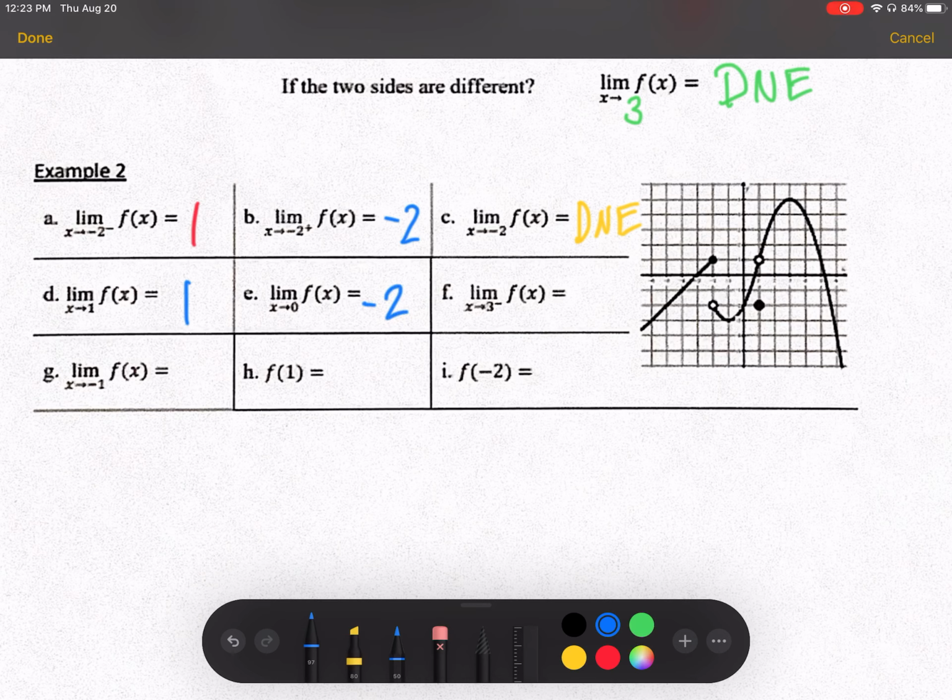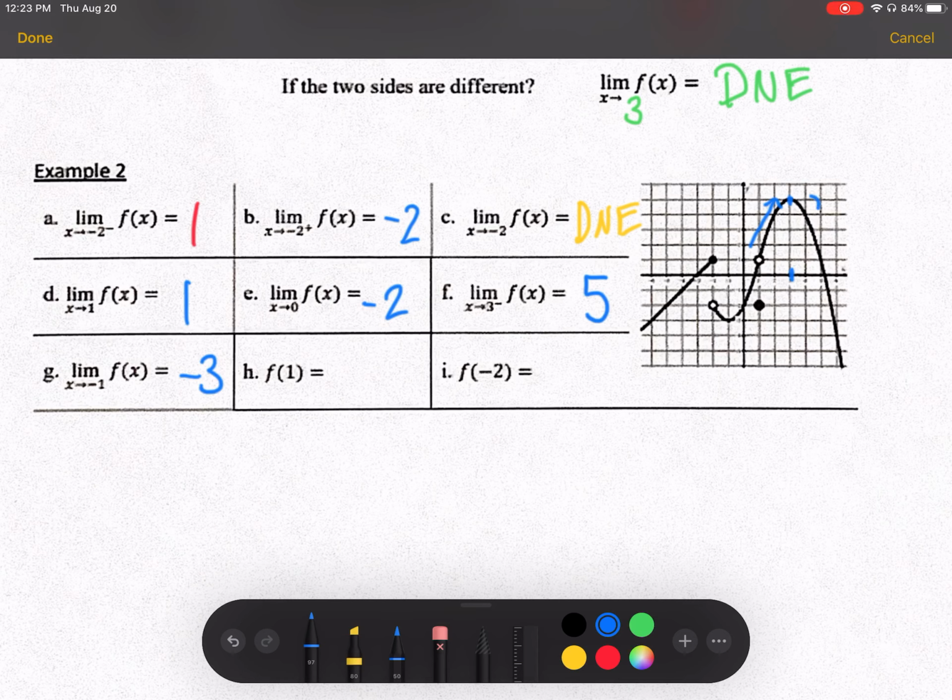The limit as x approaches 3 from the left side is going to be 5. 3 is right here, so if I go up to that point on the graph, looking just at this left side, 5 would be that number up there. The limit as x approaches negative 1 is going to be negative 3.